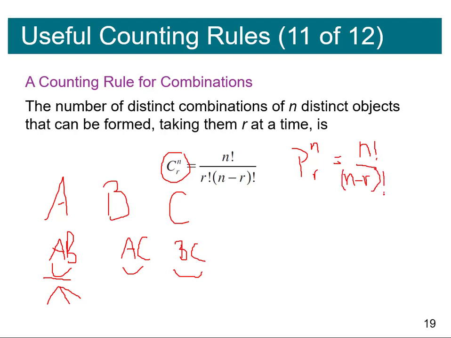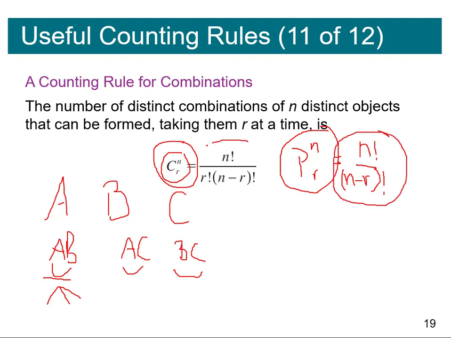Now we just said that there should be more of these than combinations, so this should be bigger than this. Well, is it? Look at it. This is n factorial over n minus r factorial. Here's the same n factorial over n minus r factorial, but then we have something else in the denominator that makes this smaller. So at least in that regard, these 2 make sense.